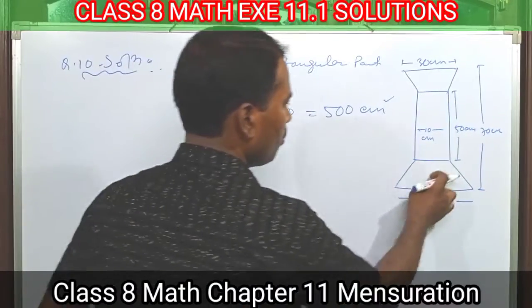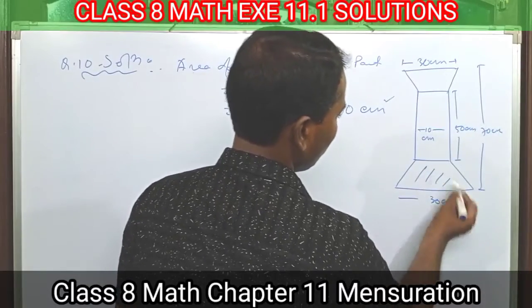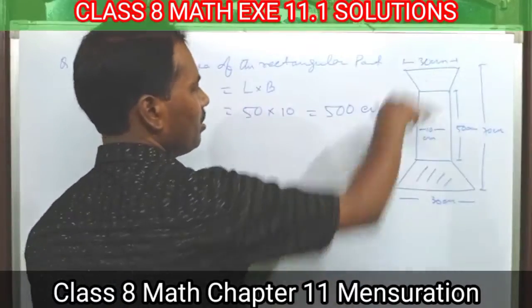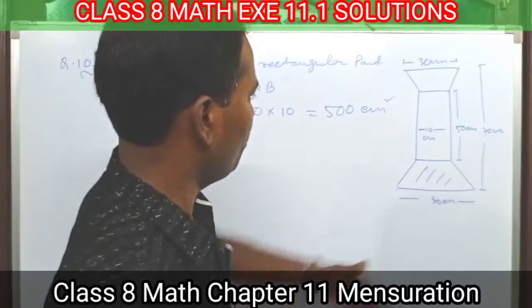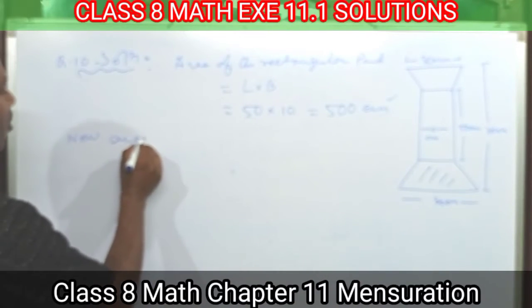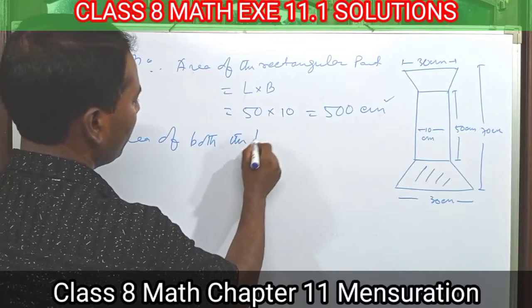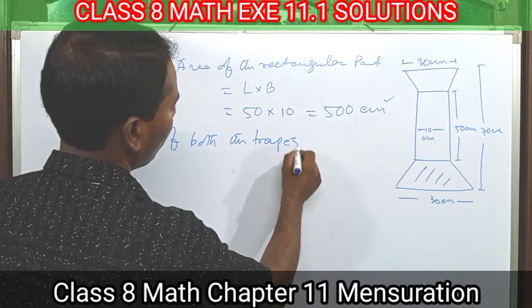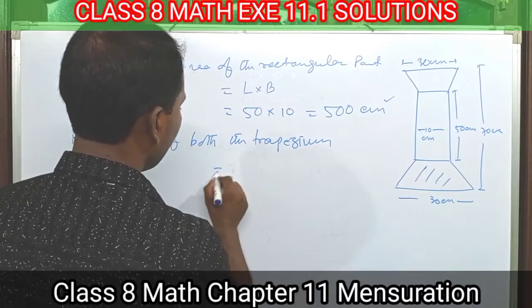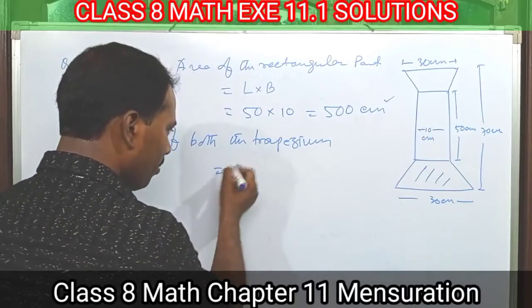Now this portion and this portion are equal in size. Therefore, if we find the area of one portion, then adding both we will find the area of both the trapezium shaped portions. Area of both the trapezium: 2 into, since these are 2 trapeziums, I have written 2.